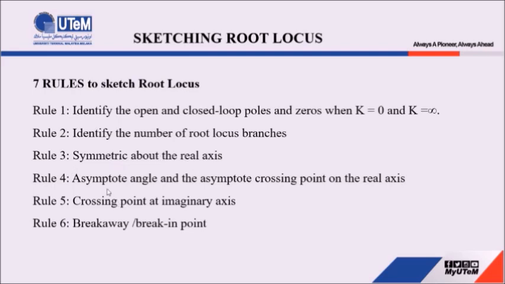Rule number 4, find the asymptote angle and also the asymptote crossing point on the real axis. Rule number 5, crossing point at the imaginary axis. Rule number 6, breakaway or break-in point on the real axis. And the last one, rule number 7, angle of departure or angle of arrival.